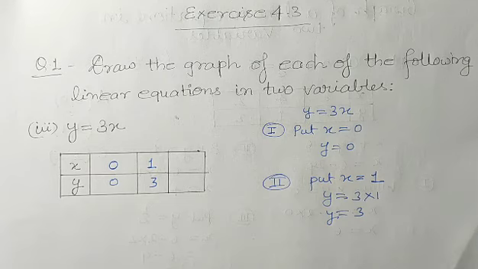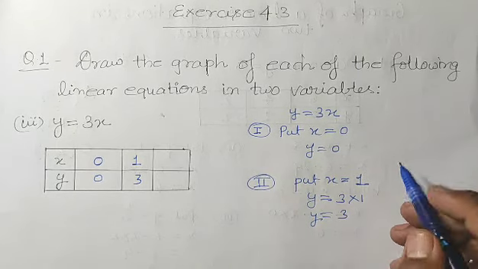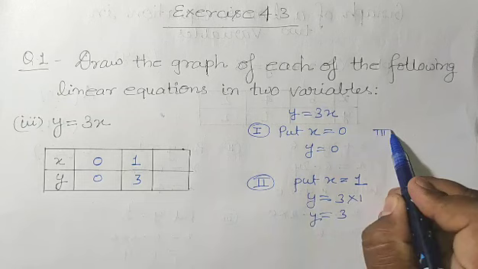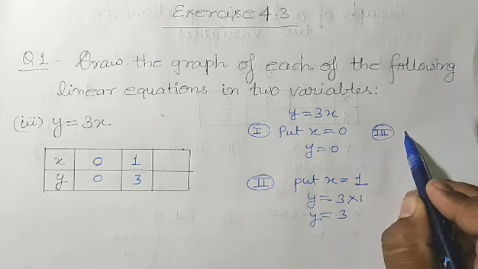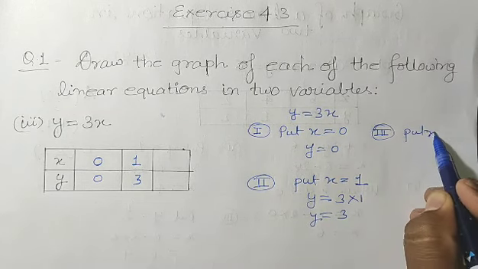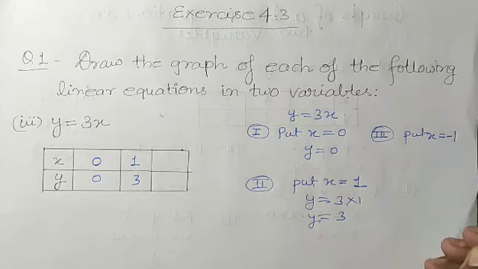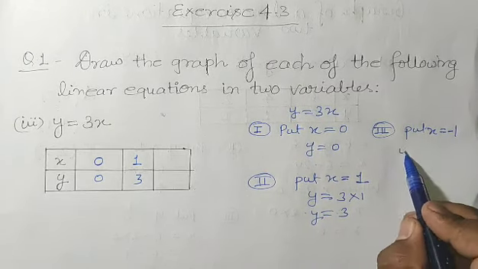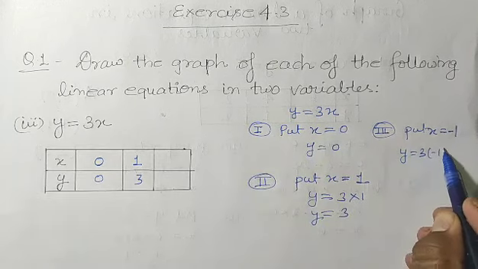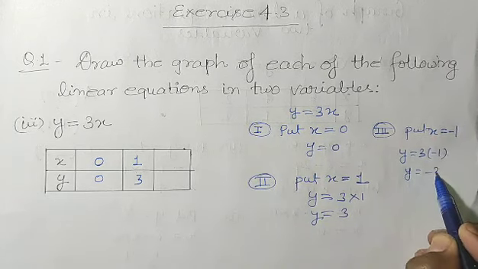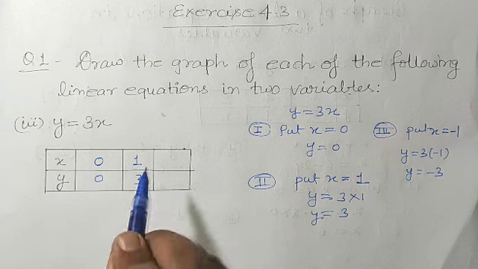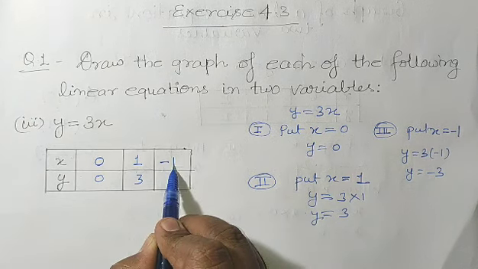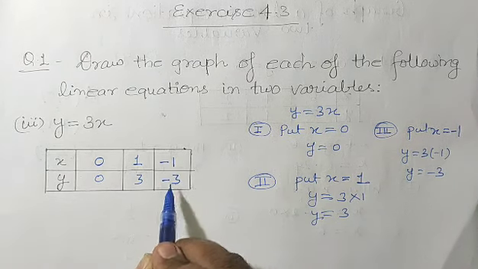For the third solution, put x is equal to minus 1, then y is equal to 3 into minus 1, that is y is equal to minus 3. So when x is equal to minus 1, y is equal to minus 3.